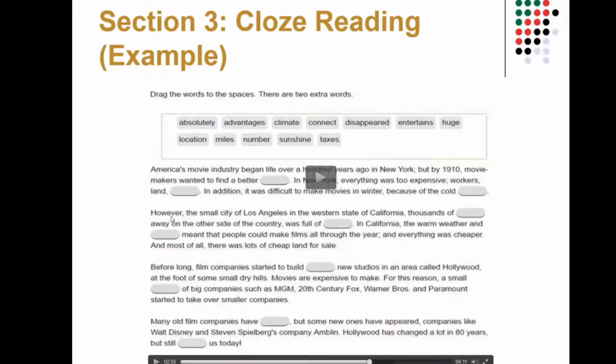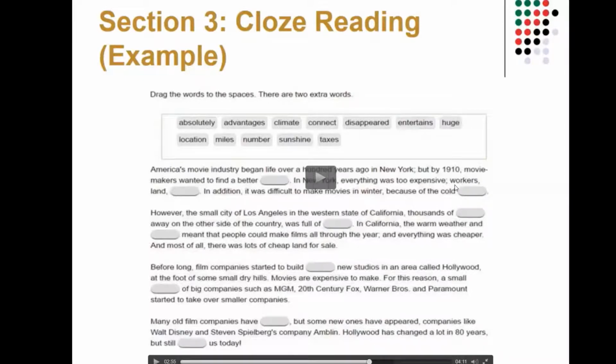Workers, land. In addition, it was difficult to make movies in winter because of the cold what? Cold climate, of course. And here workers, land, and what else? Location. Yes, the second word would be a better sunshine. So we say in New York, everything was too expensive.